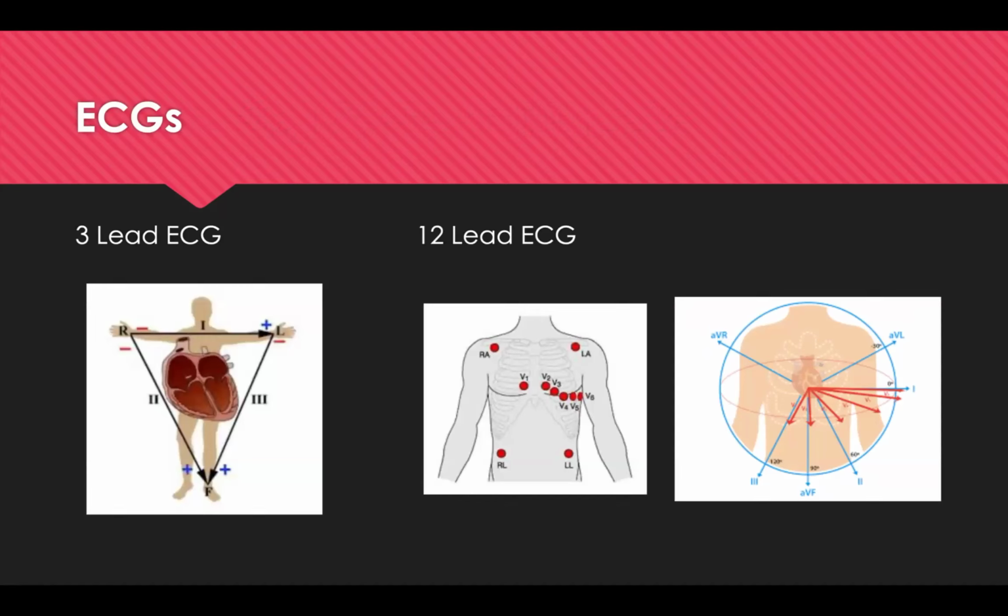The way we measure electrical activity on the heart is with ECGs. So you need to be aware of the 3-lead ECG, which is shown on the left, and 12-lead ECGs as well. So this involves placing stickers at different points, which then can record the electrical activity between the 2 points of the stickers.